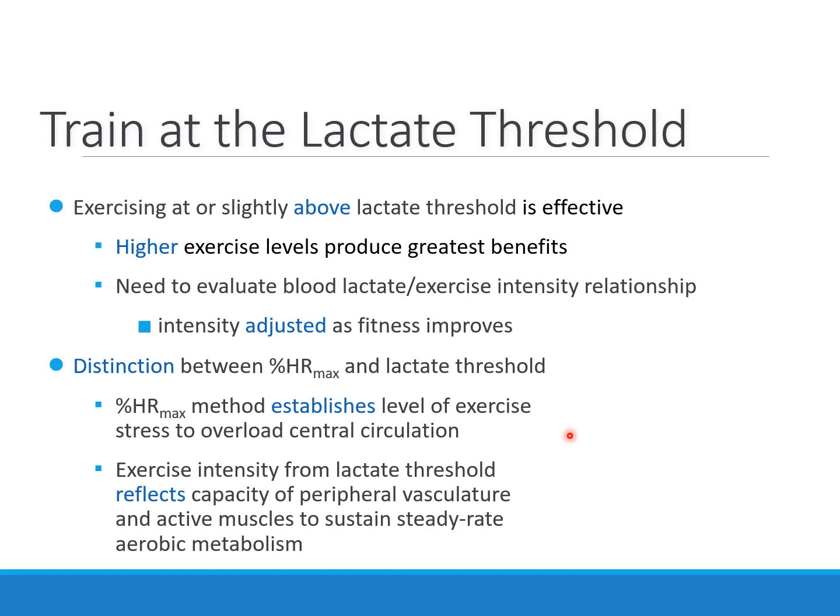And the lactate threshold method is the capacity of the vasculature in the active muscles to sustain steady rate aerobic metabolism. So when we exercise at a steady rate, eventually you start to get a burn in your muscles, and that's that lactate buildup. So your capacity to be able to maintain that rate without getting the burn is that lactate threshold method that we talk about.